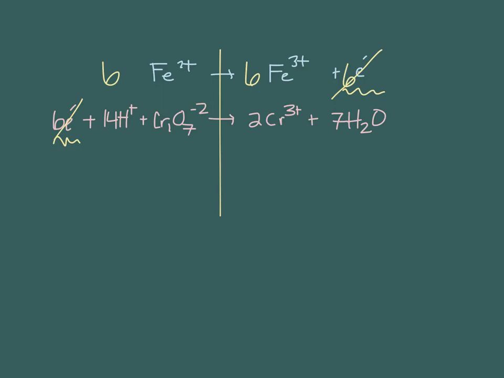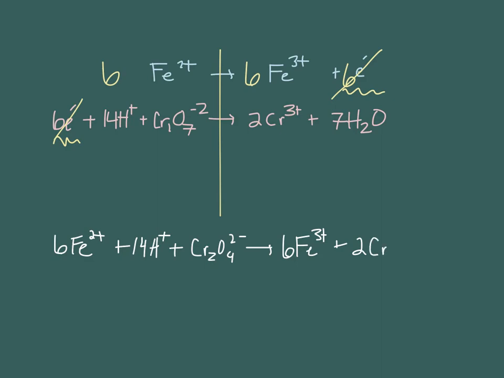Our final balanced redox reaction is 6 iron 2 pluses plus 14 hydrogen ions plus a dichromate yields 6 iron 3 plus 2 chromium 3s and 7 waters. And that's how you balance a reaction in acid.